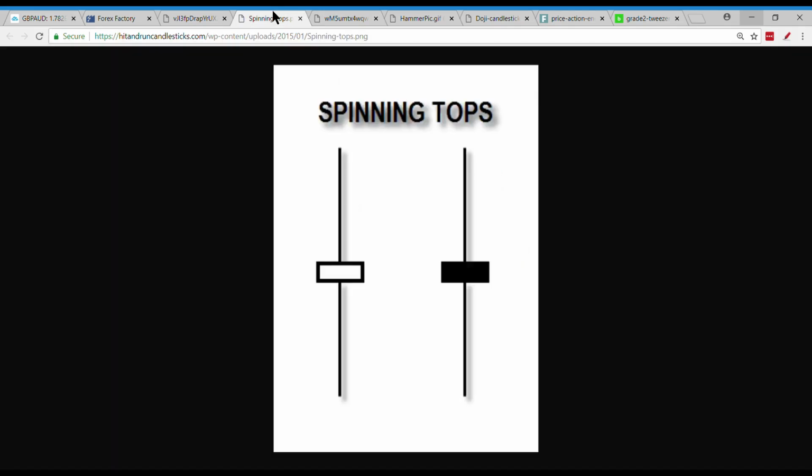Then the next one is the spinning top. If you understood what I said earlier about the pressures, you can imagine what that candlestick does. Price opened here, closed here, but during that time went all the way up, tested that level, was rejected, also tested that level, and was also rejected. That suggests indecision in the market.